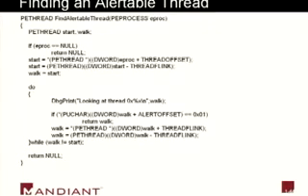Once we're at that point, we have a pointer to an eThread object, and we can simply walk it through the do while loop there. We can walk it looking at its alert offset to see if it's equal to 1. If this is true, then we return the address of that eThread because we need that when we're scheduling our APC.